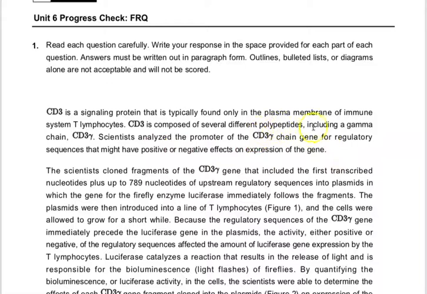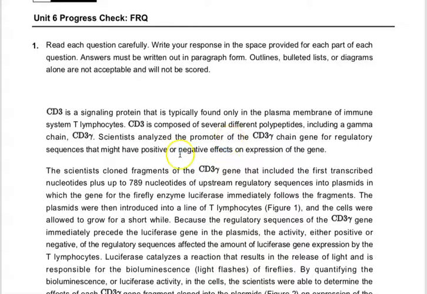So it's already telling you that you have a promoter of a chain of genes, and you want to know if that chain of genes has positive or negative effects on expression of the gene. So you want to know if there are areas that are coding for positive or inducing transcription, and areas that are coding for negative or repressing transcription.